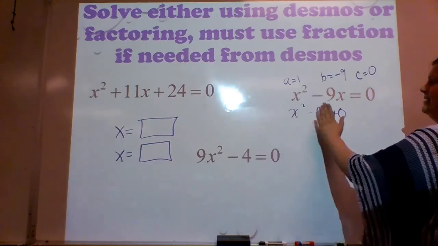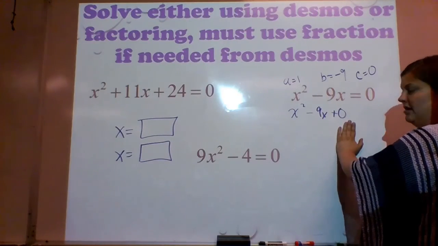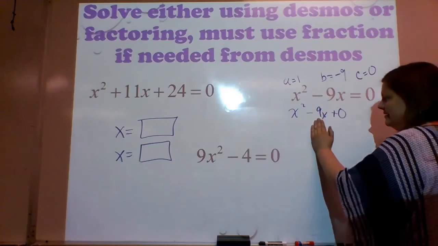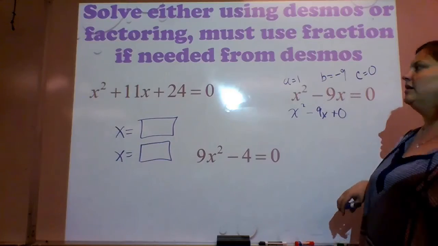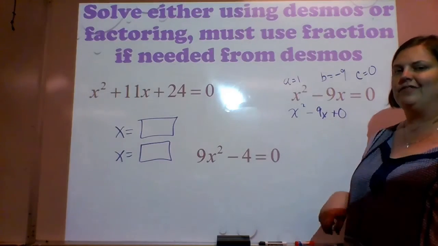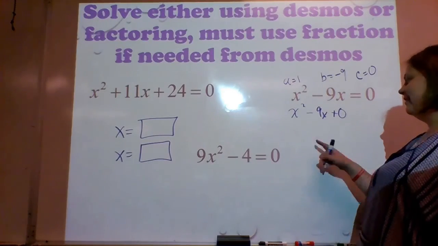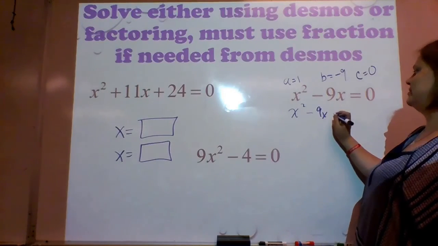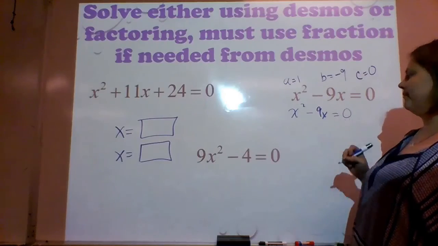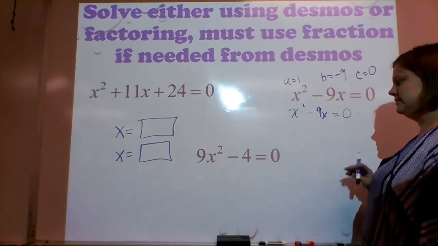What times 0 adds or subtracts to 9? Are all the factors of 0? Oh, shoot. There are no factors of 0. That means you need a GCF to come out of this bad boy. That is what you need to do, is take a GCF out and then solve from there.